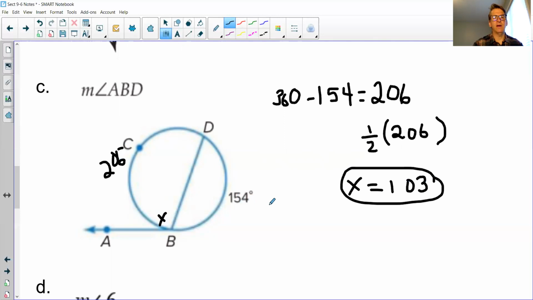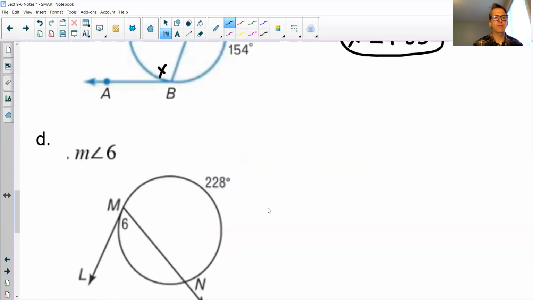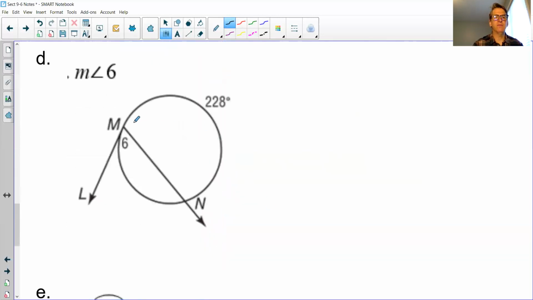Letter D. Measure of angle 6. So we have 228 going around here. Because we have 228, we can take 360 and subtract 228, and that's going to equal 132 for the arc. So this here is 132.